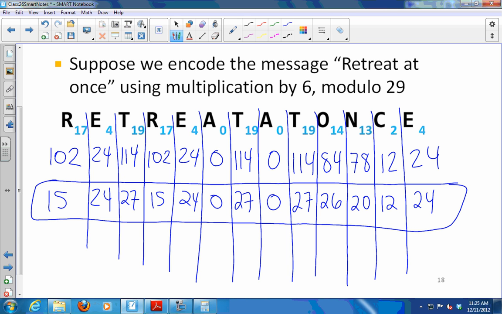So if anything's over 26, yep, we just leave it as numbers. Well, you could do that. You could assign some symbol to 26, 27, and 28.